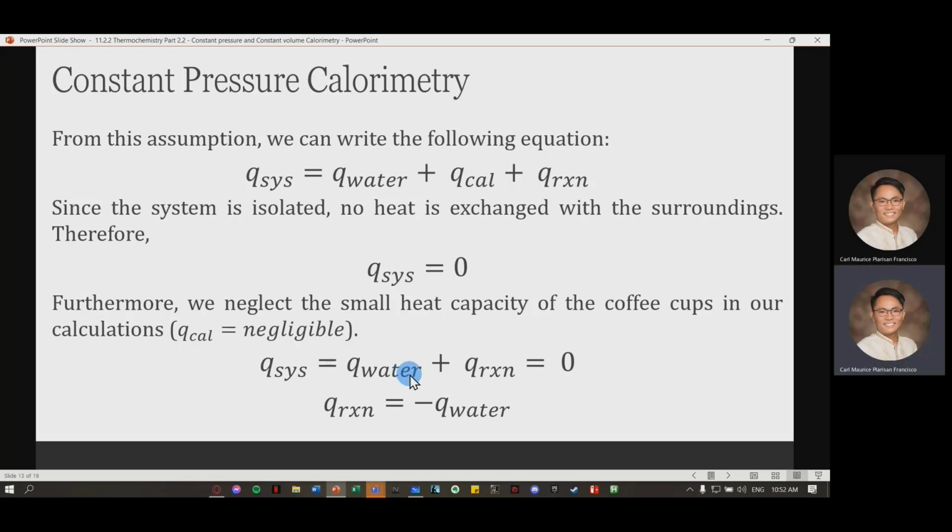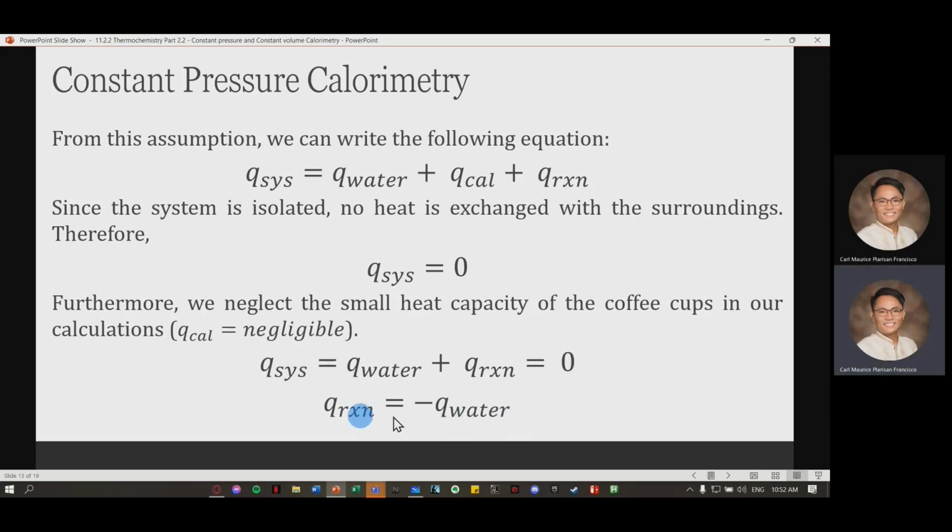And then remember, Q system, or heat of the system, we have an isolated system, so the value would be zero. So therefore, para ma-attain o ma-represent natin na zero talaga at isolated ang sistema, walang pagbabago, we can transfer heat of water to the other side of the equation. We have heat of reaction is equal to the negative heat of water.